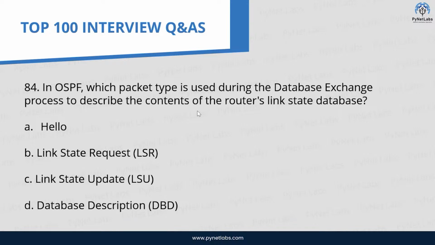This packet contains summarized information about the sender's link state database. Now this question is asking which type of packet is used in the database exchange process to describe the content of the router's link state database. For sure, the correct answer is the DBD packet, because routers exchange this DBD packet to describe the content of their respective link state databases.